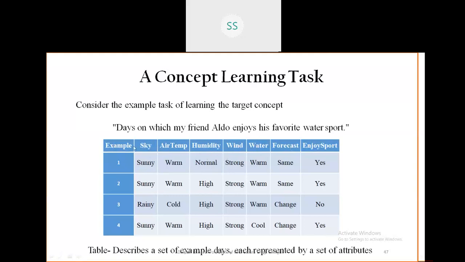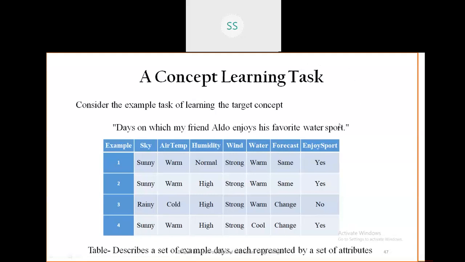It's all about the weather here, how the weather looks. Sky, air temperature, and humidity of the weather, wind and water, whether it is too warm or cool or not. And the forecast tells whether the weather is going to change or not.